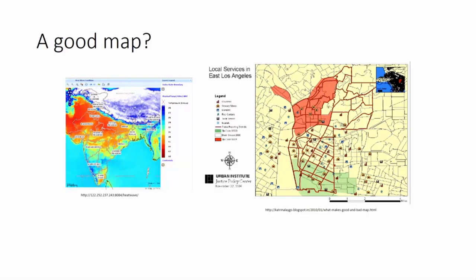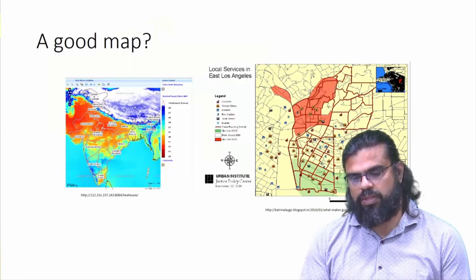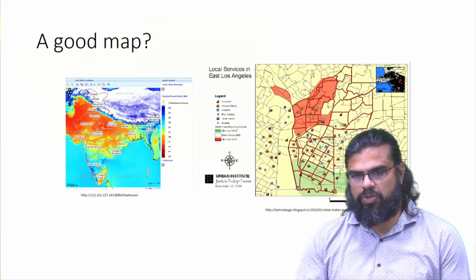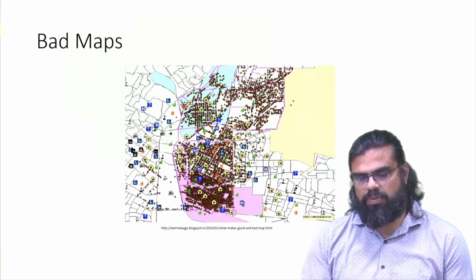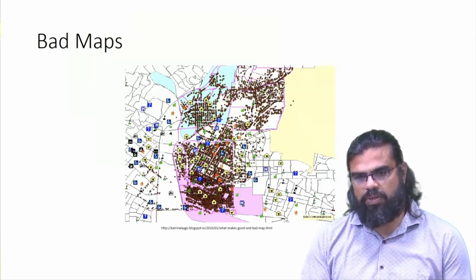Like in this case, thickness of the line and corresponding colors have been used to showcase that the different polygons should be represented in the foreground compared to the background. So this is just an example of a good map, where the other example, which is actually a bad map, is being shown in this case.